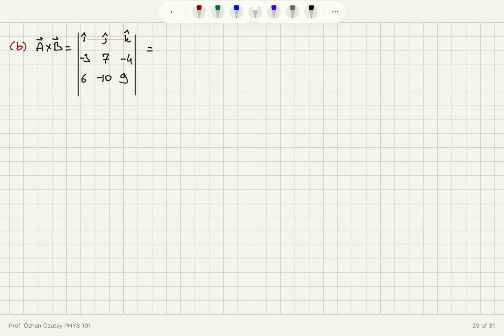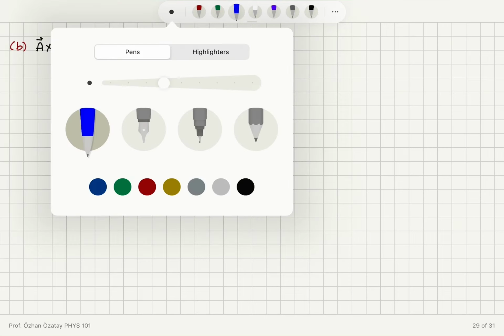I will be crossing the first row and the first column. And then I will look at the product of 7 and 9, 7 times 9 minus 4 times minus 10. So this will be the first one.